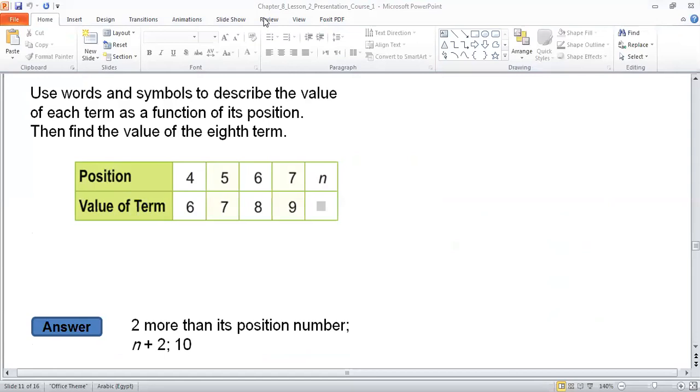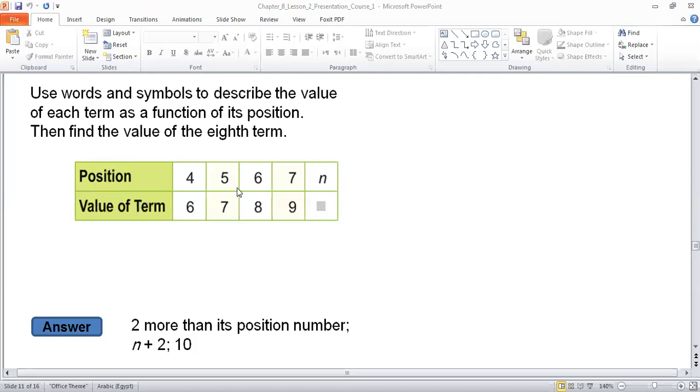Use words and symbols to describe the value of each term as a function of its position. Then find the value of the eighth term. Read it step by step, bit by bit, and speak up.